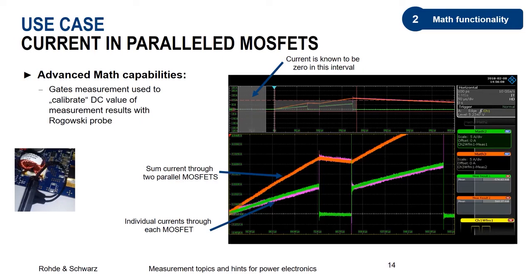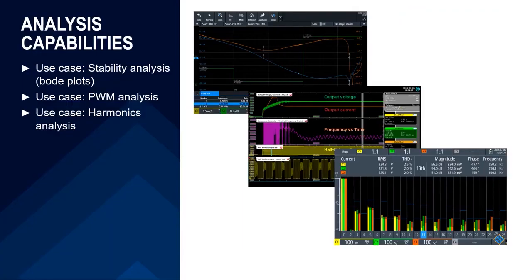And this allows me to stabilize the trace and then make measurements always referenced to some virtual DC value, just because I know what the DC current in the beginning of the measurement is. And for those kinds of things, a powerful math function is important. What about other capabilities? Well, if you look more on the system level, then you typically need more advanced and specialized measurement capabilities.